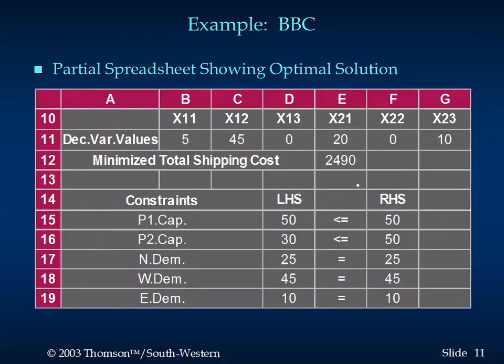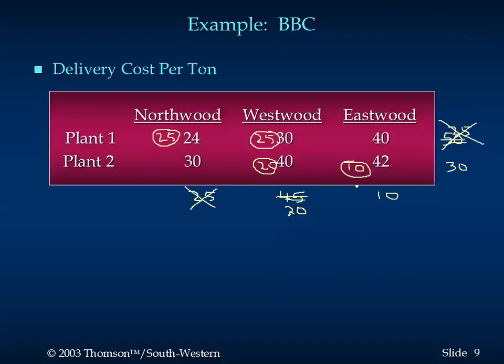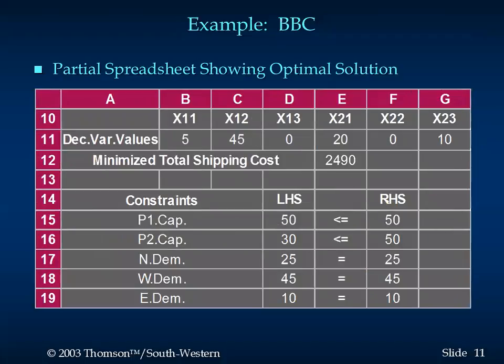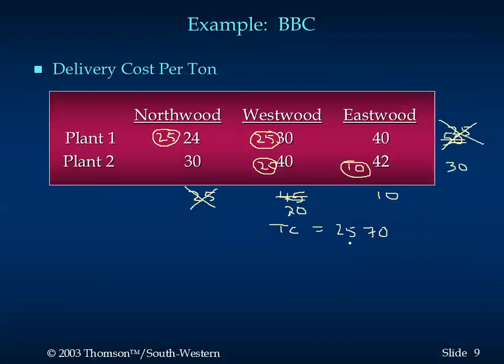So this is not the best solution. And we'll see what their optimum was. What is their optimum? 2490. Ours is 2570. So clearly this is not the right solution. But this is one method. This is an initial solution method to get what is called the basic feasible solution.